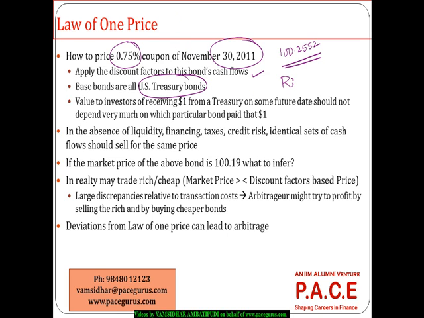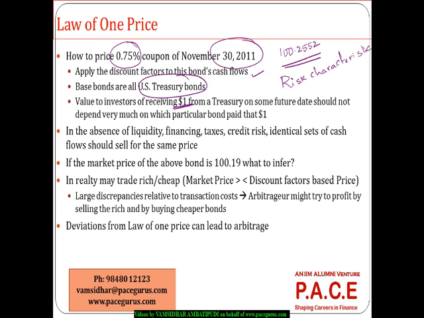So the risk characteristics, we are of the opinion that the risk characteristics are more or less uniform across the different kinds of bonds. So the value to the investor receiving $1 from Treasury at any point is purely immaterial of which bond is giving that $1, because almost all are US Treasury bonds, their risk characteristics are more or less similar.